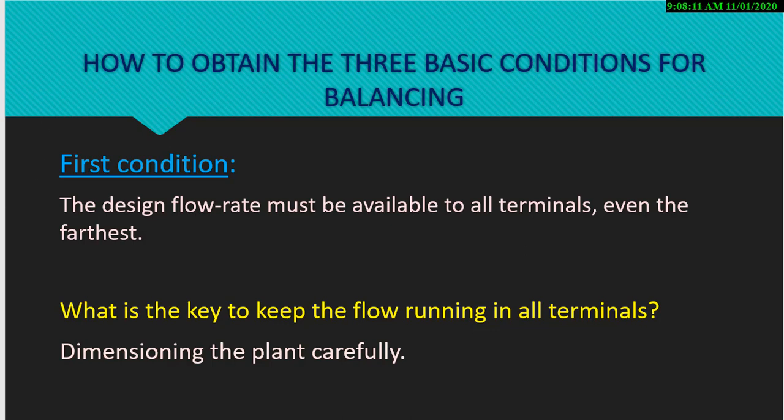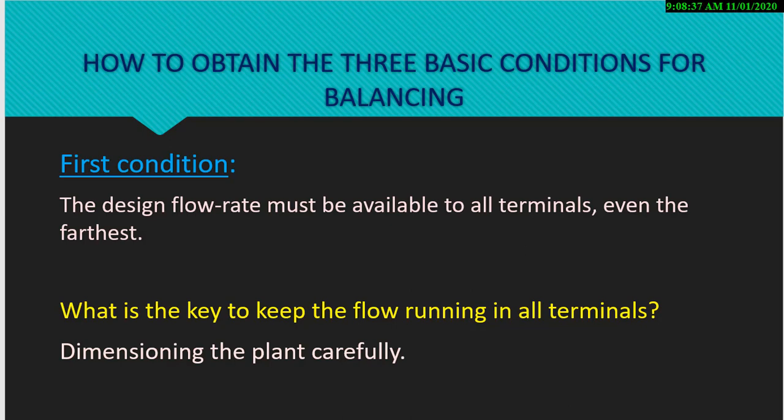This means we have to size the pipes of the chilled water carefully in order to have the required flow. We have to select the terminals carefully in order to give us the required capacity.